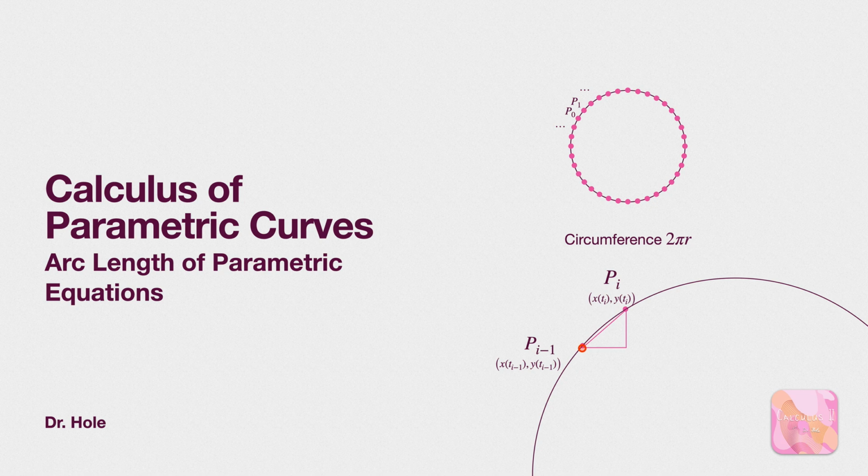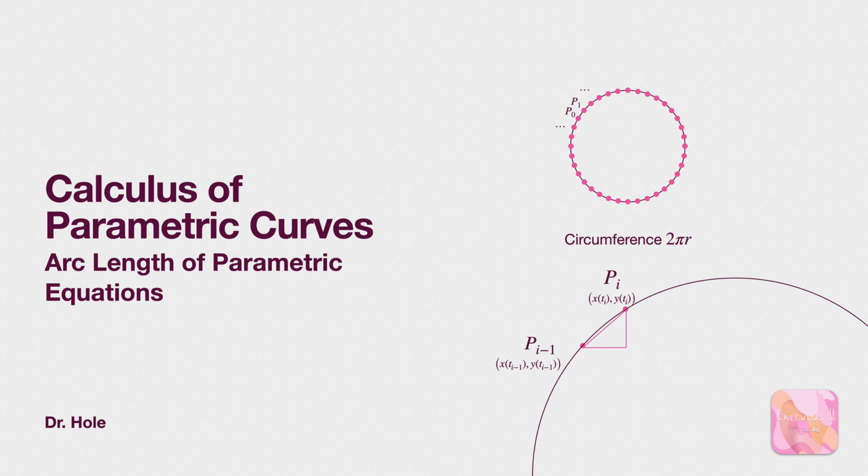Now, this pink dot and this pink dot, I've named them p i minus 1 and p i, but they're points in the plane so that they would have an x-coordinate and a y-coordinate, where the x-coordinate is found by plugging into the parametric equations t sub i minus 1, and p i, the x and y coordinates, are found by plugging in to the parametric equations t i.